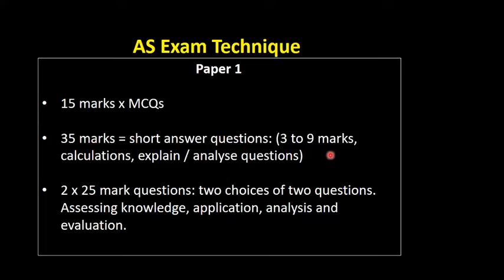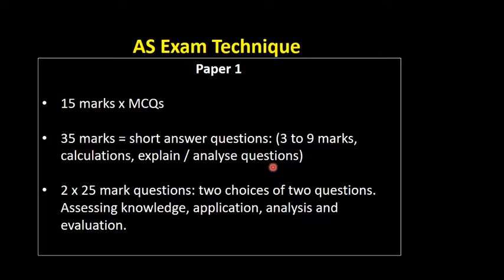Paper 1 is structured like this. You get 15 marks of multiple choice questions. You've then got 35 marks of short answer questions. These might be calculations, or they might be 4 to 9 mark explain, analyze questions, where you're given a context and a topic.